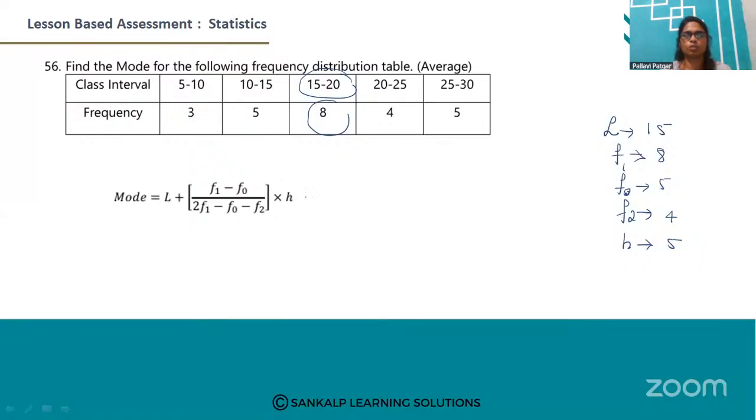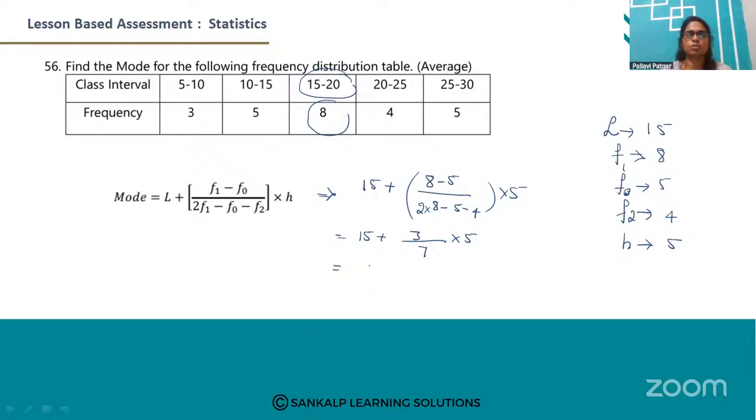Apply the formula for the mode of grouped data. This is equal to 15 plus (8 minus 5), that is F1 minus F0, divided by (2 into 8 minus 5 minus 4), into H, which is 5. So this is 15 plus 3 divided by (16 minus 9) is 7, into 5.